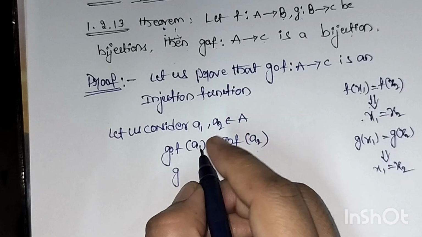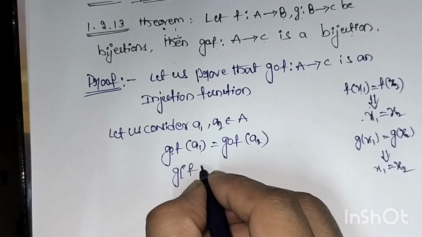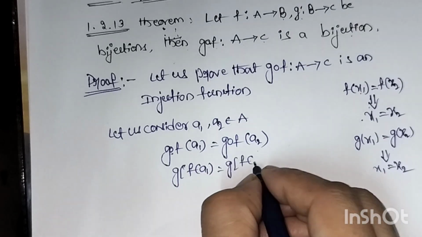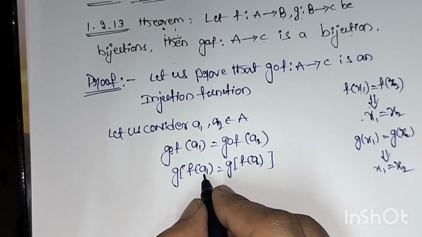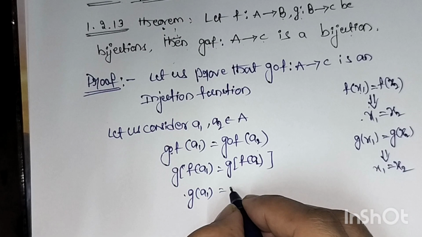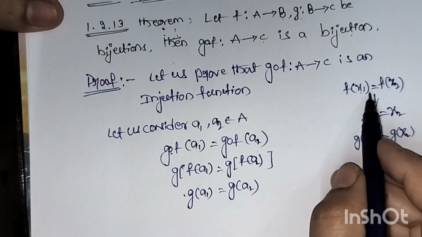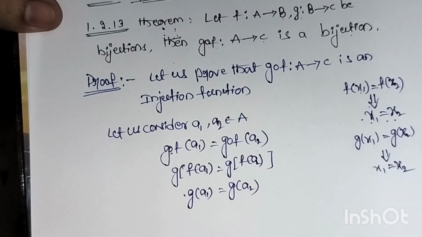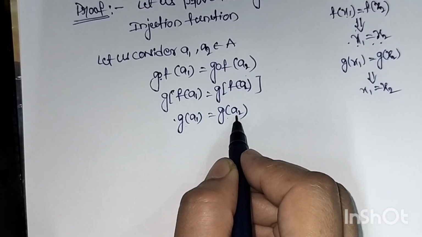Here f of a1 is a1, g of a1 equals g of a2. f of x1 is equal to f of x2 implies x1 equals x2, like this. Then g of a1 is equal to g of a2 implies a1 equals a2. Therefore, g circle f maps A to C is an injection.